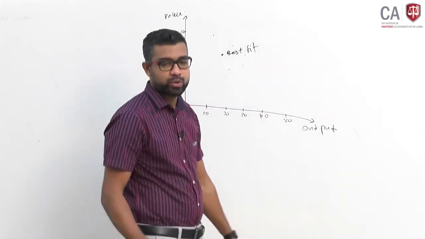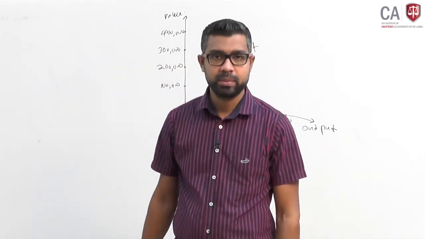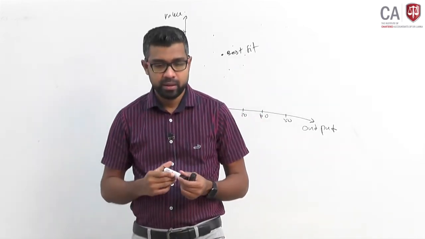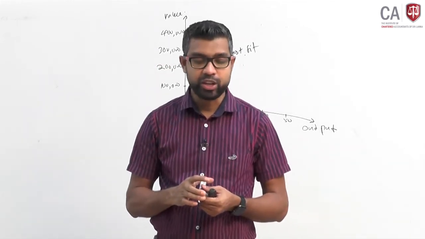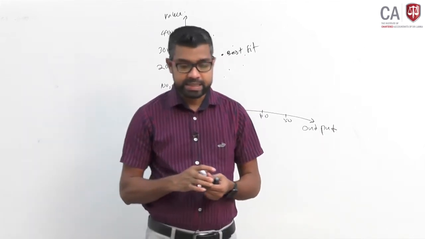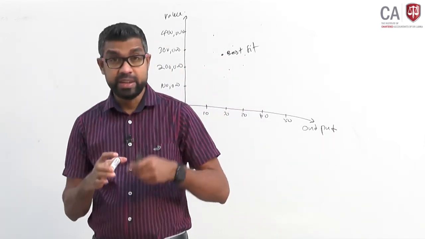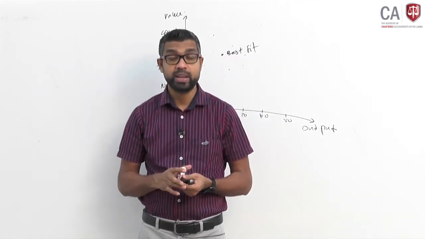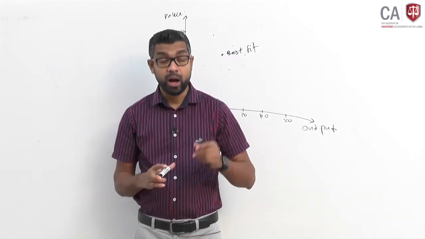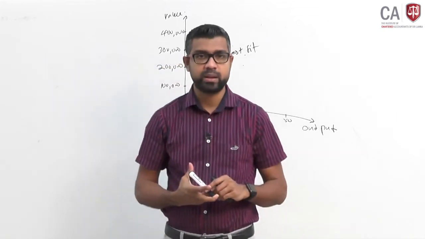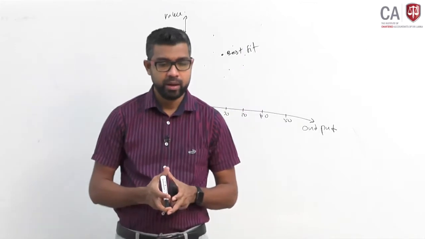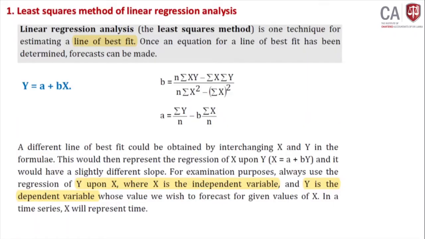We are going to find out through the least square method. For that, we have an equation. We'll discuss that equation and some questions from that equation. Then you will easily understand how we can use this technique as a forecasting technique.